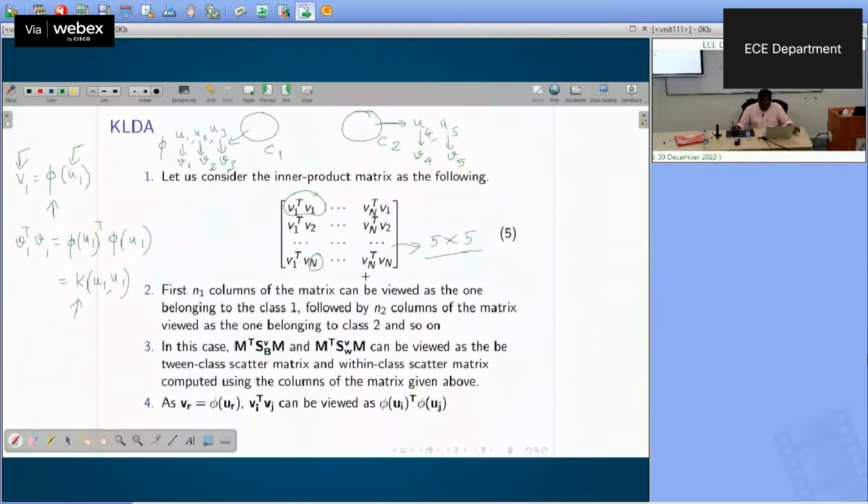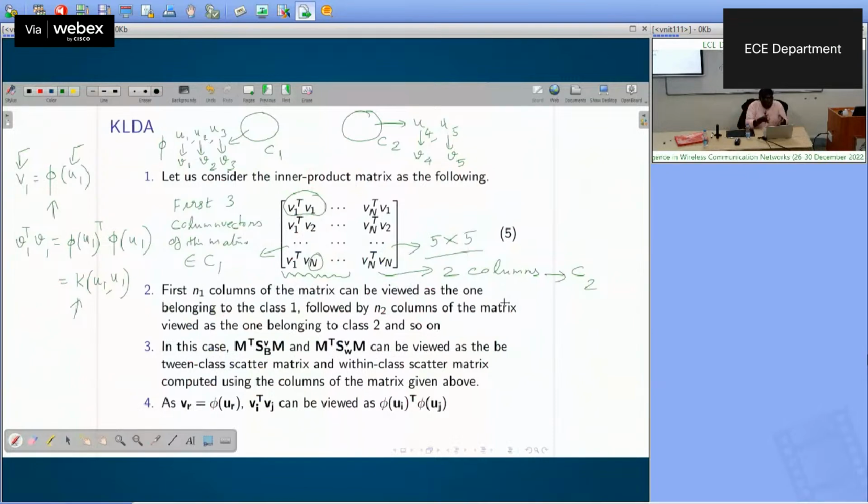The important claim is that the first 3 columns of this matrix are treated as the new vectors belonging to class 1, and the next 2, the remaining 2 columns, can be treated as vectors belonging to class 2.